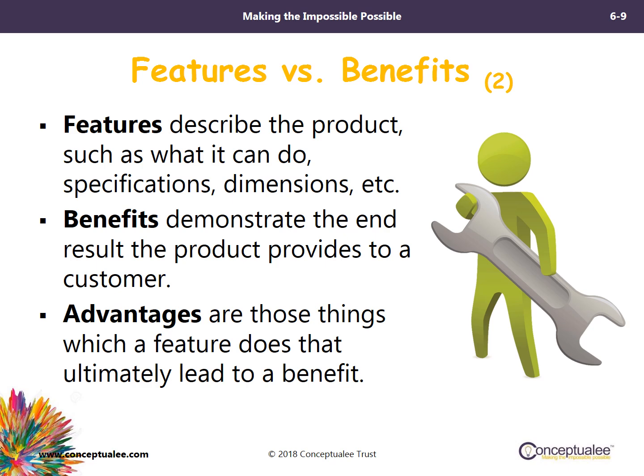The cardboard container feature offers the advantage of protection. Since the container can protect the food more effectively than, say, a paper wrapper, the benefit that the customer will ultimately derive from the protection advantage of this feature is greater convenience, peace of mind, and time savings. So again, protection is the advantage, but the benefits are greater convenience, peace of mind, and time savings.